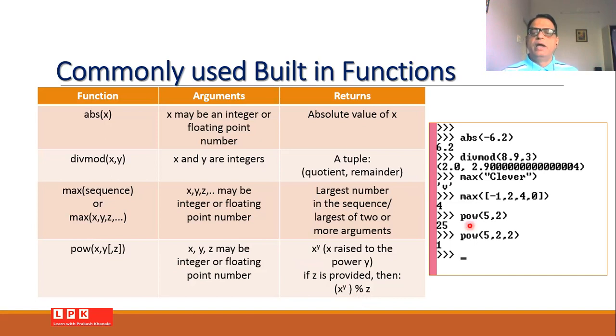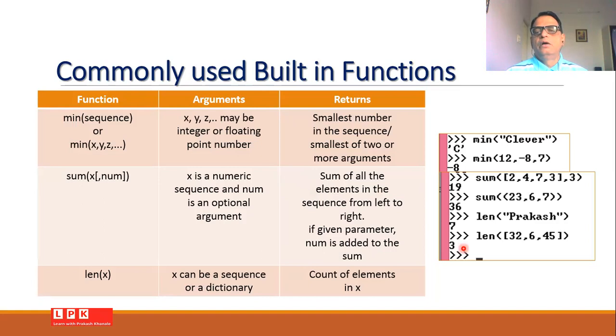So for example, if I write pow of 5, 2, then I will get the result 25. If I write pow of 5, 2, 2, then I will get the remainder result equal to 1.